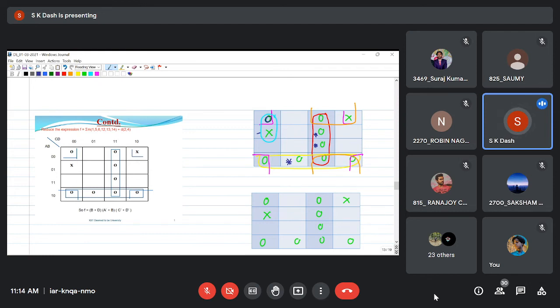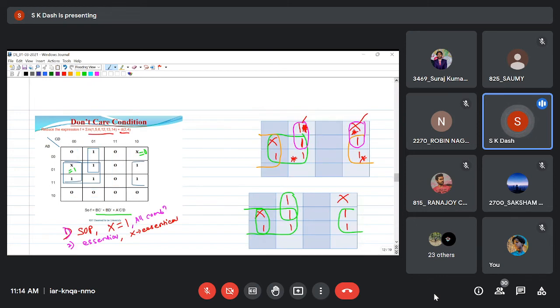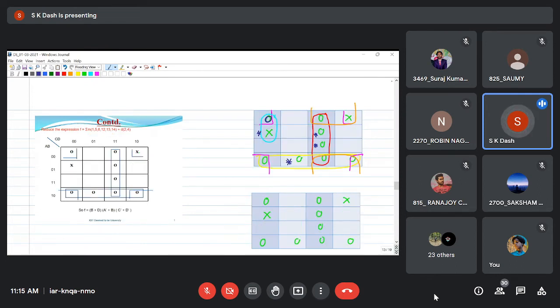This zero can be covered using either the pair or the quad, so because of that, it is not essential. It could have been essential because of this cell, but this is a cross. So what I told, if some combination becomes essential because of a cross, then don't go for that.